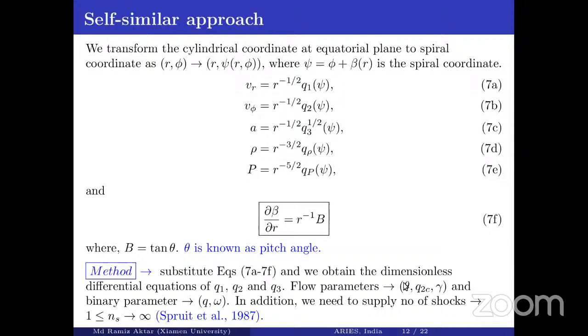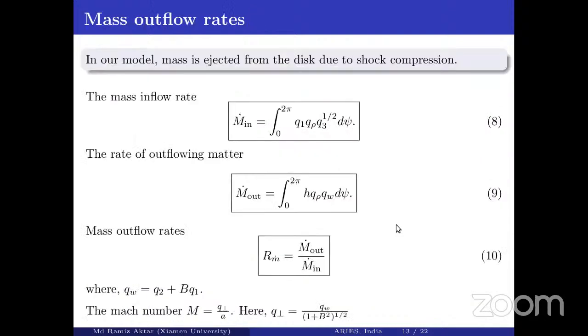So in our model, we need this theta and also this Q2. Q2 is basically the V phi. So from there, we can easily calculate whether there are any spiral shocks in our model. And if there are spiral shocks, we can calculate what is m dot out, because m dot out is the mass ejected from our model due to the spiral shocks.